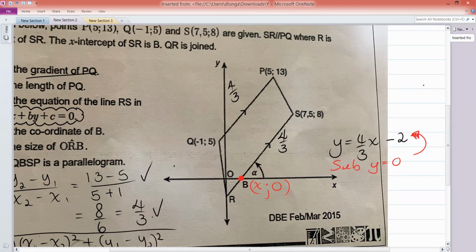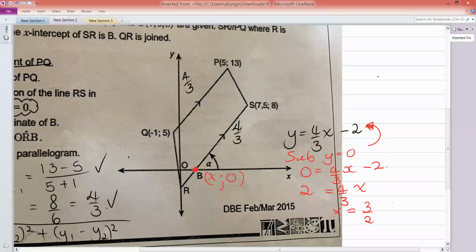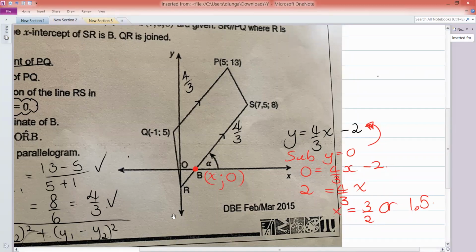So 0 equals 4/3 x minus 2. 2 equals 4/3 x. Multiply both sides by 3 over 4. I get x is equal to 3/2 or 1.5. So the coordinates of B are (1.5, 0).